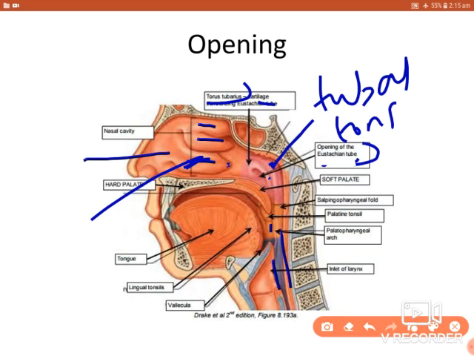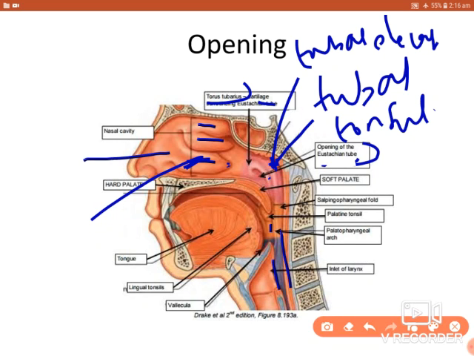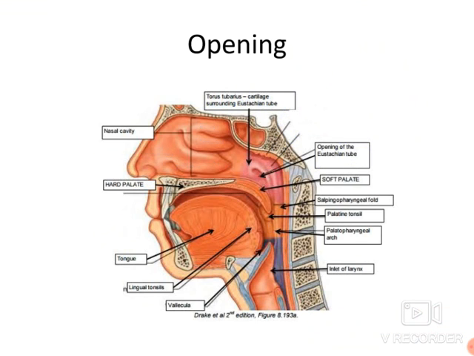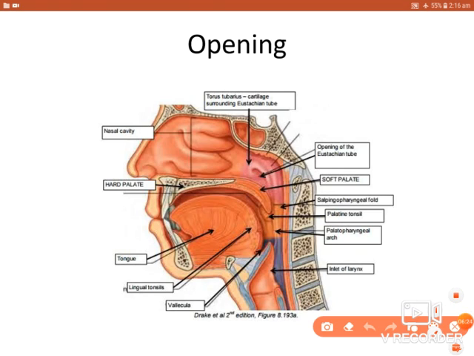So tubal tonsil is a collection of lymphoid tissue there, and also this elevation is called the tubal elevation. So in the lateral wall of the nasopharynx, you can see this is the opening of the eustachian tube.